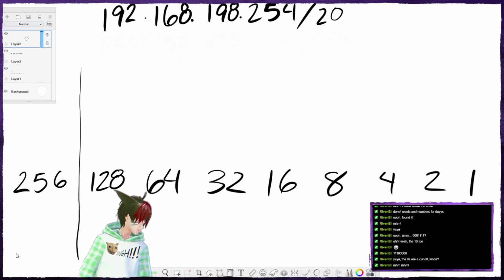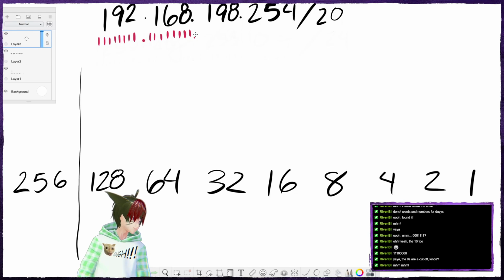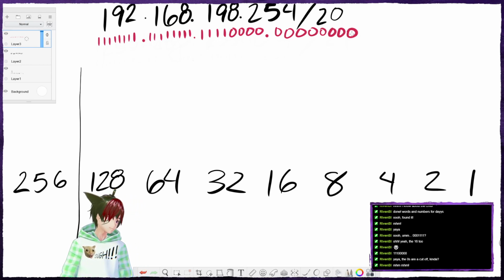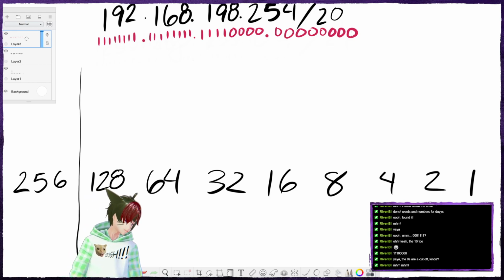Let me just do this in 1, 2, 3, 4, 5, 6, 7, 8 dot 1, 2, 3, 4, 5, 6, 7, 8 dot. So that's 16, 17, 18, 19, 20. 1, 2, 3, 4 dot. Right? So, oh, actually.